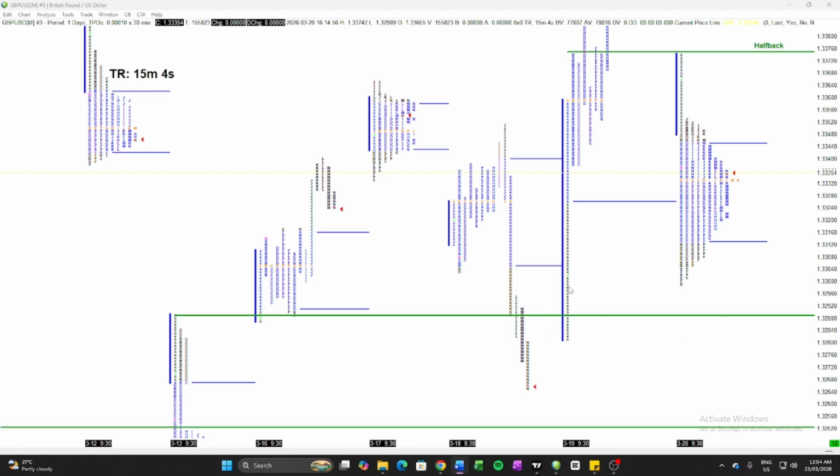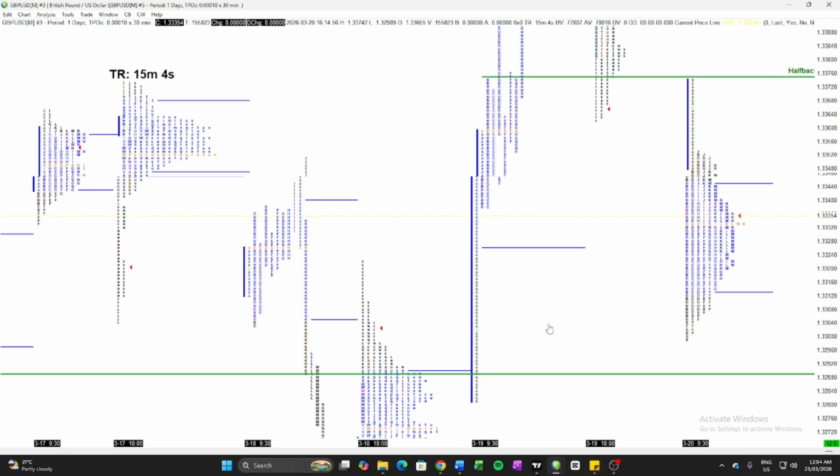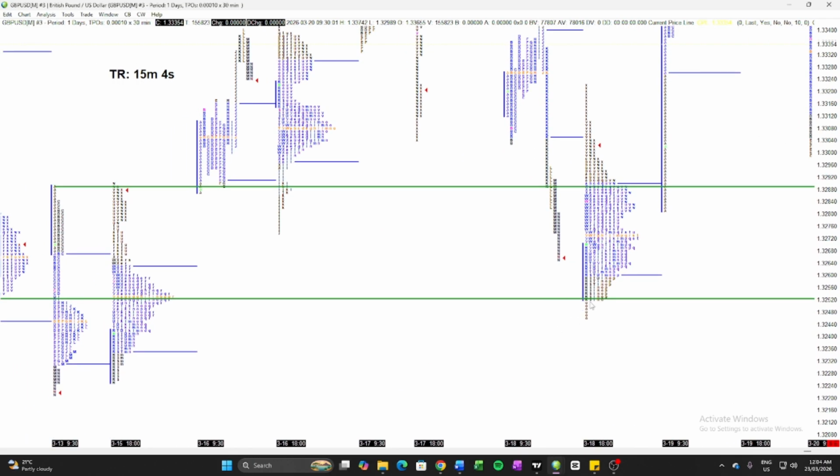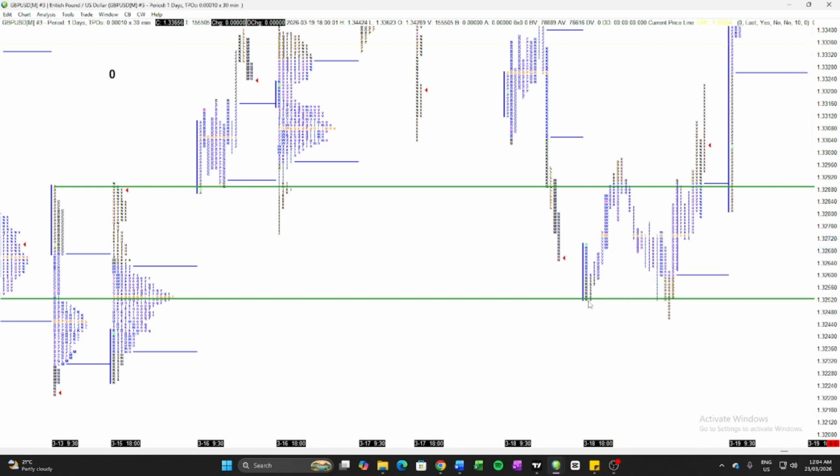So once we see that, that's our 4th clue that something big's gonna happen here. This big, I didn't expect, but hey, it happens. The nail in the coffin for me, and this is gonna look a bit weird, I'm sorry: this is Asian and London session, look where it closed each time. Imagine these are candle bars.